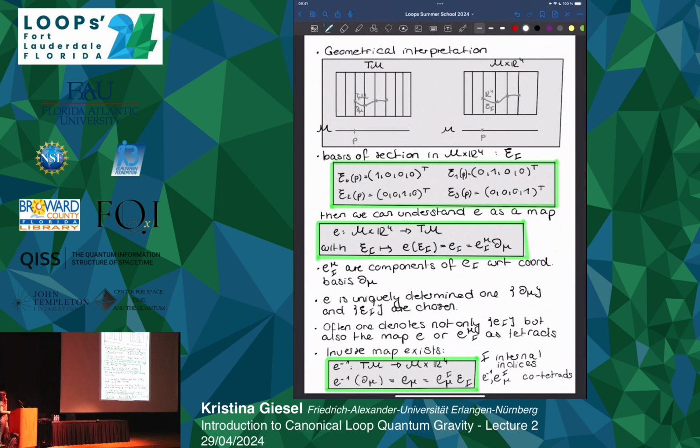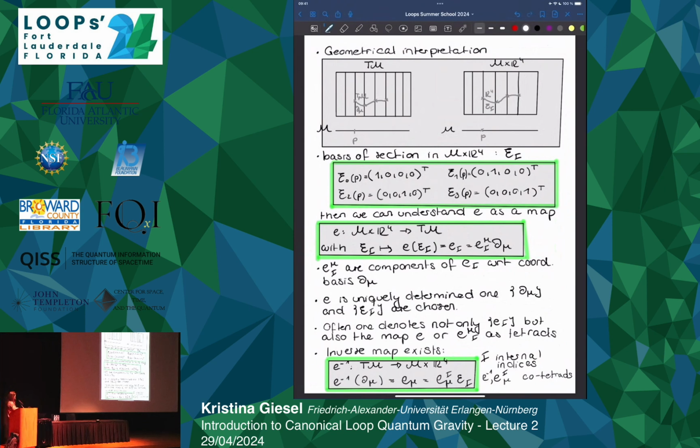And then we can understand these tetrads also as a map, which I call E, from M cross R4 to TM, which takes a basis element psi I and maps it to E I, which we can expand in terms of a standard coordinate basis d mu here, where basically the components are denoted as E mu I.